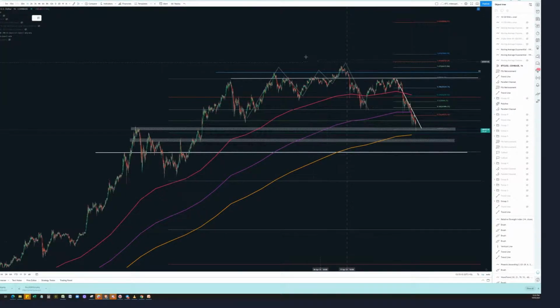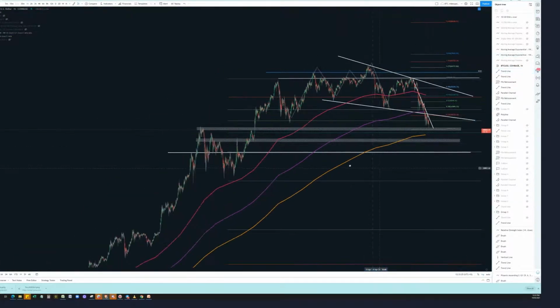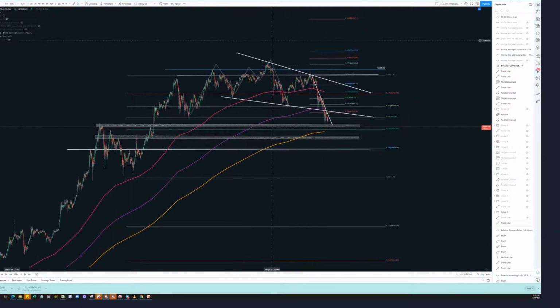We have this, and basically it broke that descending wedge, hasn't it? So there was that little hope that we had that this would bounce, and that would have been pretty much, and it's still bad really, left shoulder, head, and right shoulder.